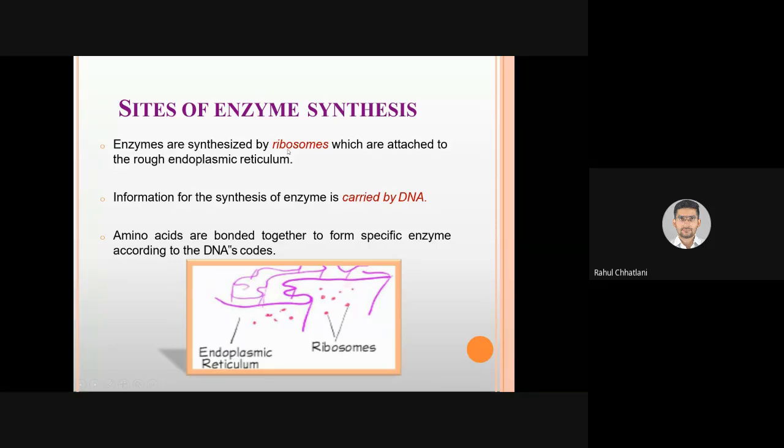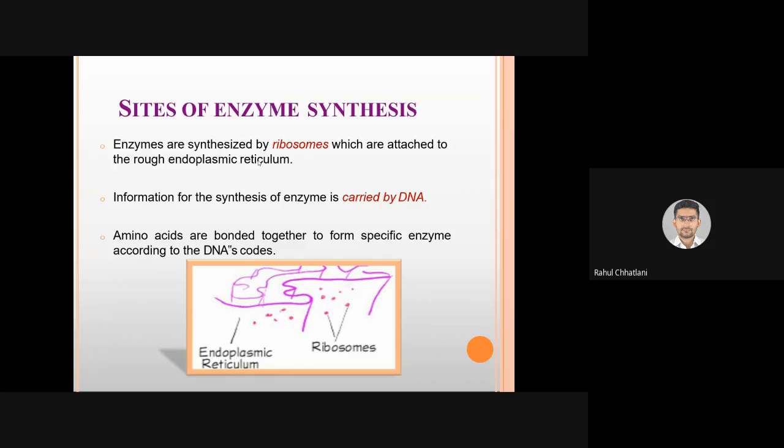So enzymes are synthesized by ribosomes, which are attached to the rough endoplasmic reticulum. The difference between rough and smooth endoplasmic reticulum is just that rough endoplasmic reticulum has ribosomes on it. Ribosomes will be on it, that is why it is termed rough. Information for the synthesis of enzymes is carried by DNA, parts of DNA, which we talked about as genes.